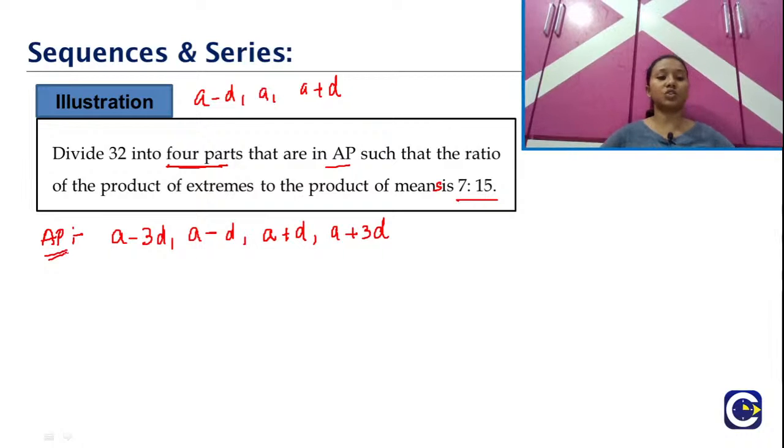So now the question is you have to apply the condition and determine the A here, that is the first term. Quickly guys, if anyone has done solving it, you can let me know the A value here. I'll just give you 2-3 minutes here to work on it.